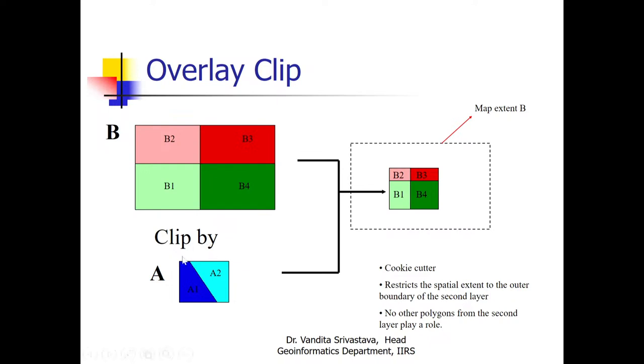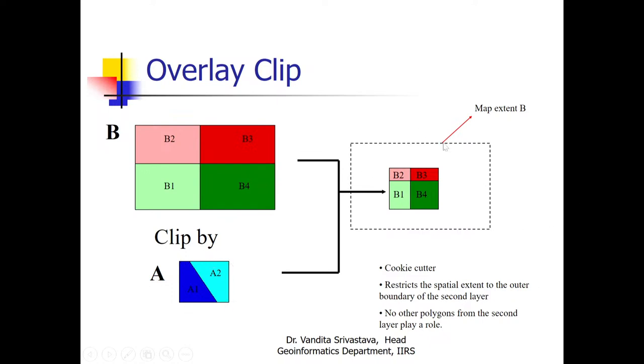The point is that the outer boundary of the clip layer decides the extent of the output. So the attributes or the features are copied from the original layer, that is the input layer, but inside the boundary of the clip layer.